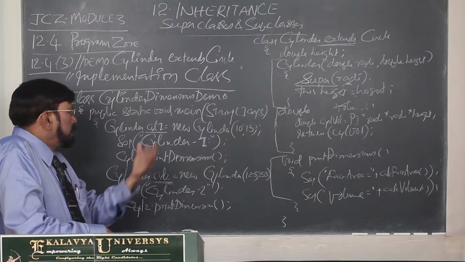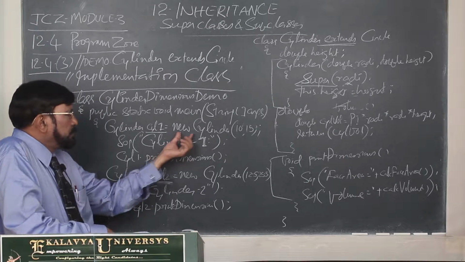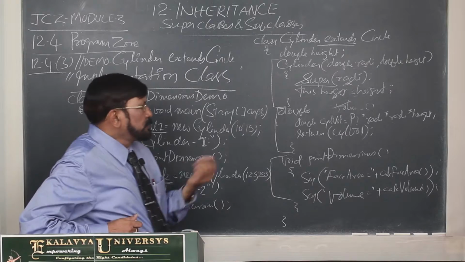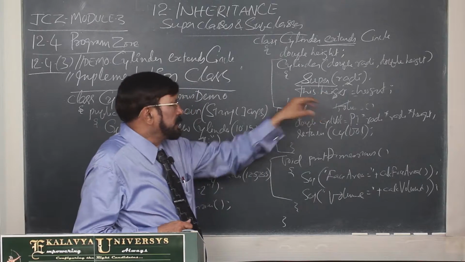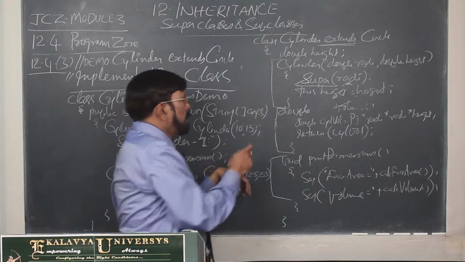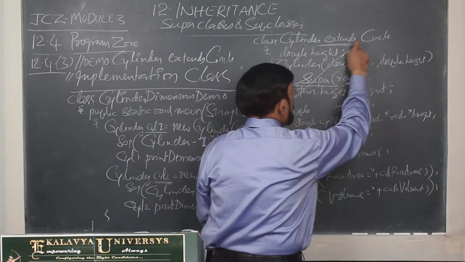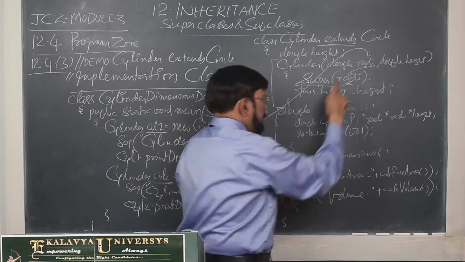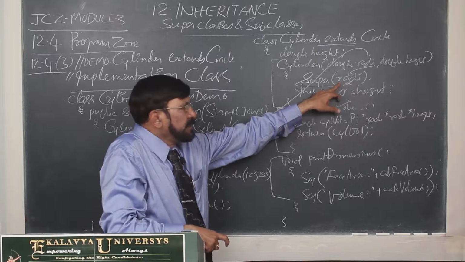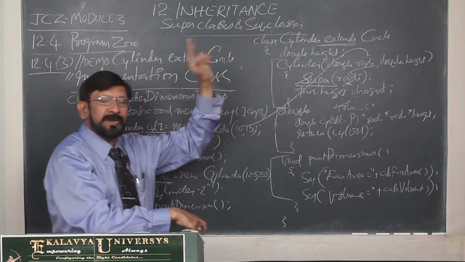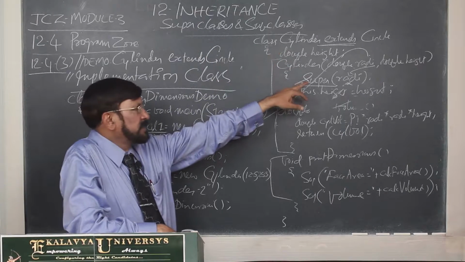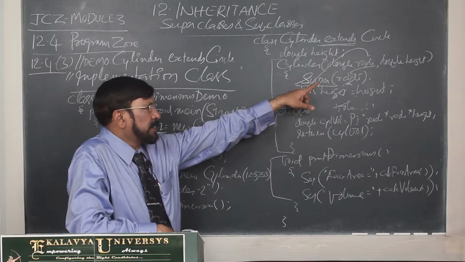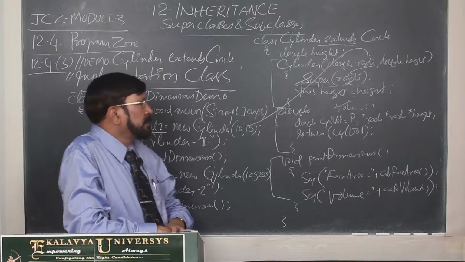Now, see the implementation, new Cylinder(10, 15). You should know how they are initialized. Now, 10 goes here to radius, in turn it is passed here, in turn it goes to the constructor of the superclass, that is the Circle class, and the radius is initialized.